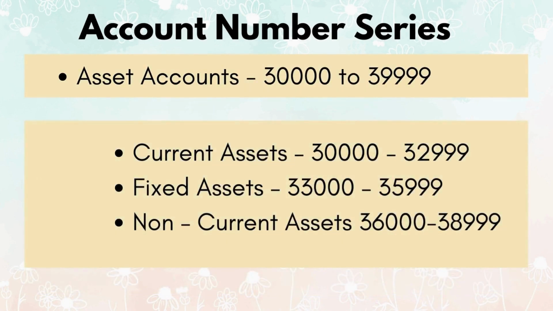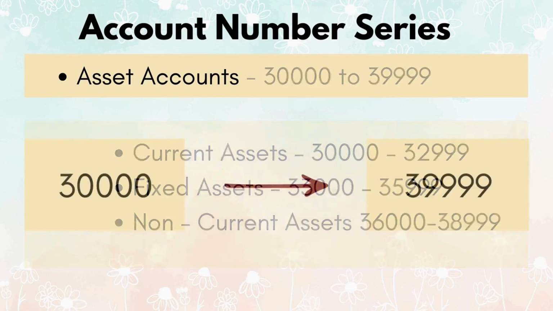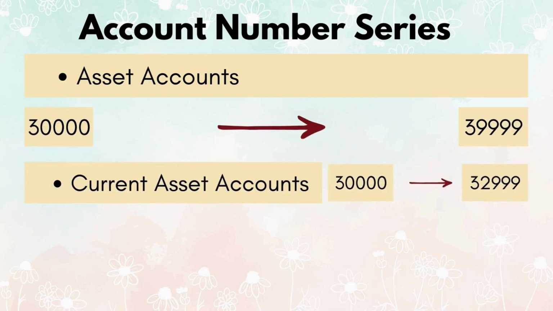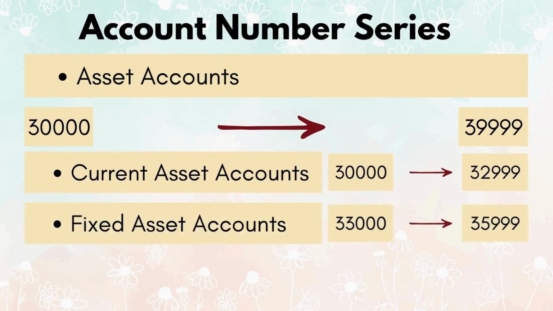That is, select ranges for each of these different types of asset accounts within the range already selected for assets. If our asset accounts will be within the range of 30000 and 39999, current assets could be from 30000 to 32999.